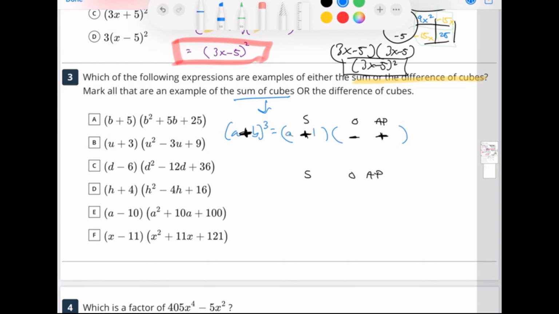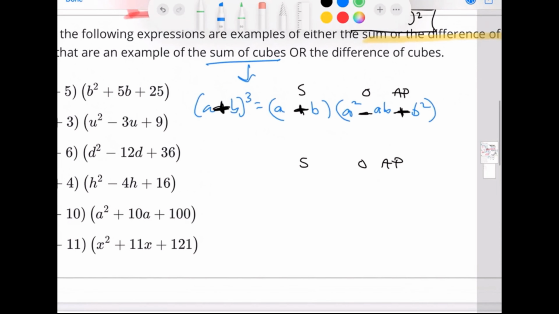So a b, a squared, a b, b squared. Let's do that for this one over here. Now we're going to have a minus sign, so a minus b cubed equals a, same is minus. Opposite of minus is a plus, and then plus. Okay, so it's just a formula you have to memorize.